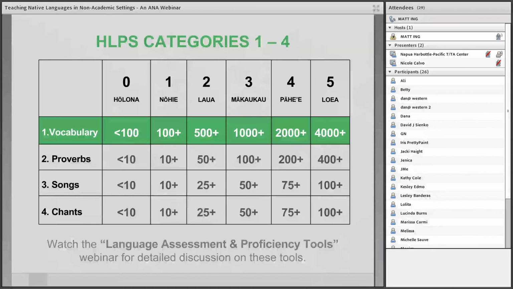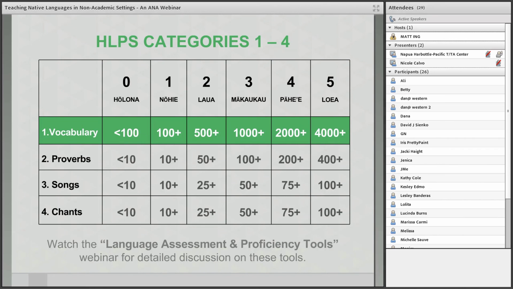These are the Hawaiian language proficiency scale categories: Holona, Nohia, Laua, Makakau, Pahe'e, and Loea. Loea is expert, and Holona is the bottom end of the scale. You're going to see that within the vocabulary, proverbs, songs, and chants, you're going to have different proficiencies.